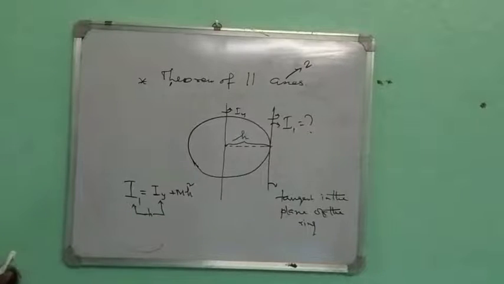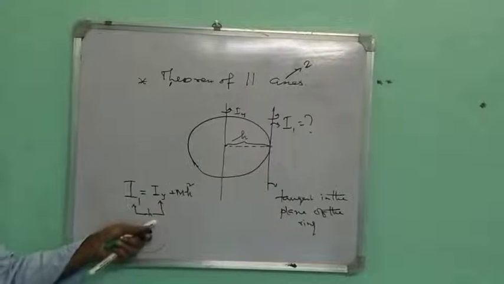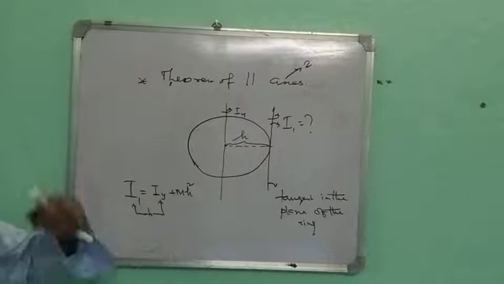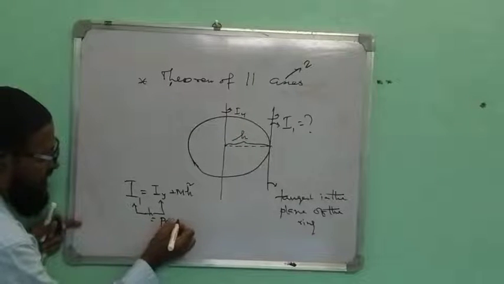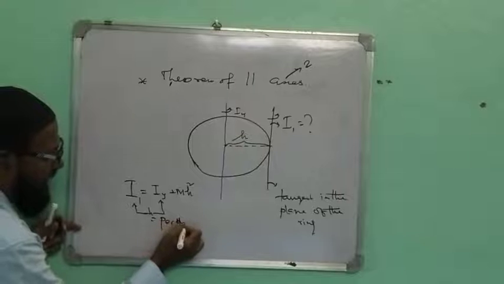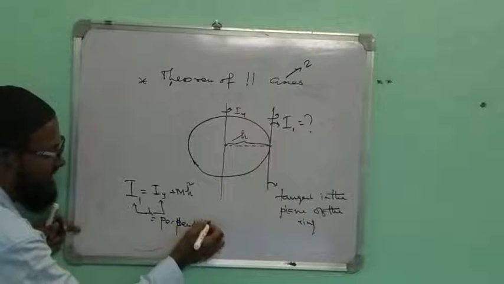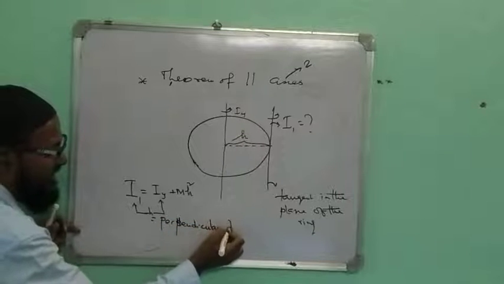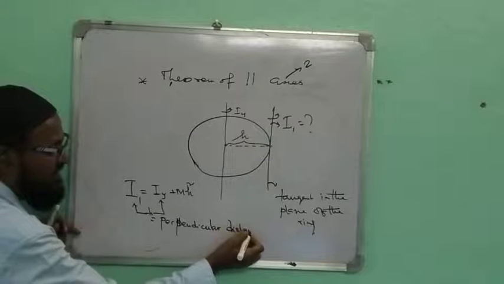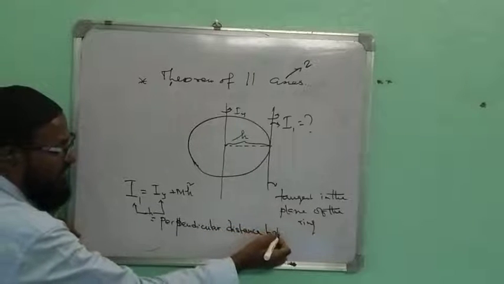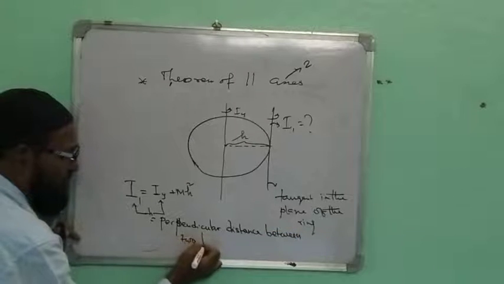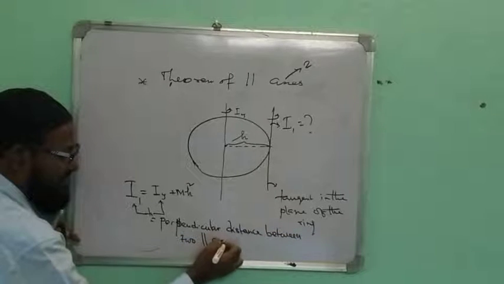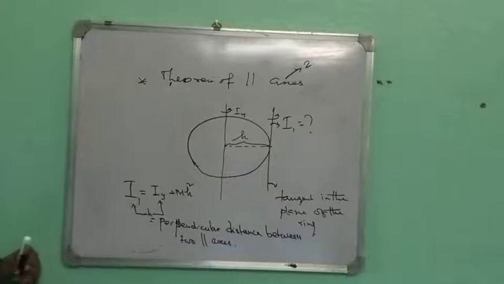H is the perpendicular distance between the two parallel axes. One thing is important here.